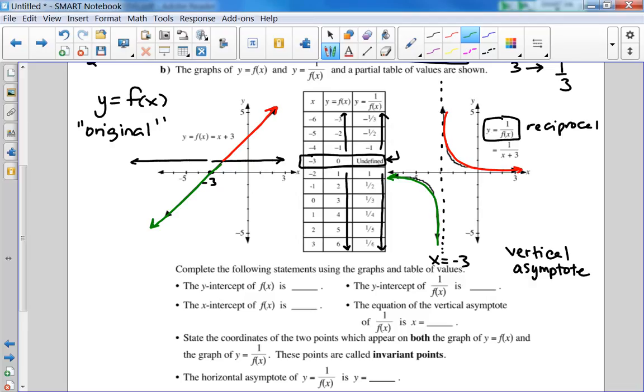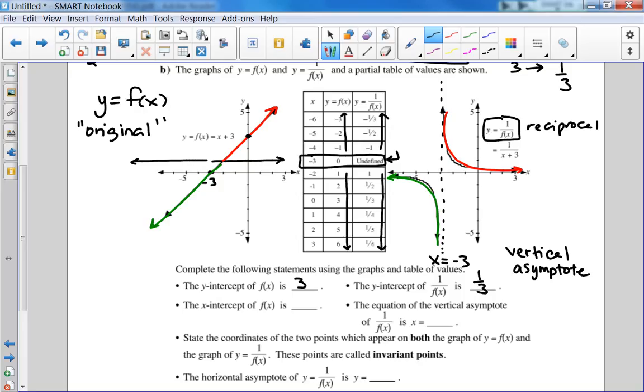Okay, so let's complete the following statements using the graphs. What's the y-intercept of the original? Right here? So what is that, 3? And the y-intercept of 1 over f at x should just be the reciprocal of 3, so it's 1 over 3. So you just take the y value and reciprocate it.